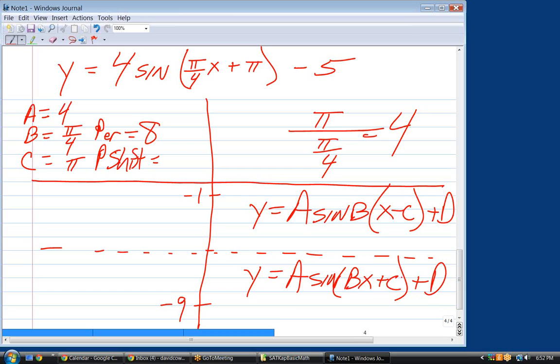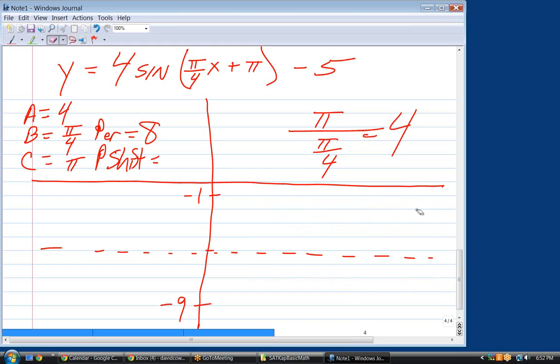Now the phase shift becomes minus C divided by B, whereas with this format the phase shift is C. Much easier. There's no division required. Both formats are proper. It just depends on the format you get it in. So if B is inside the parentheses, in order to get the phase shift, you do have to divide this C by B to come up with 4.